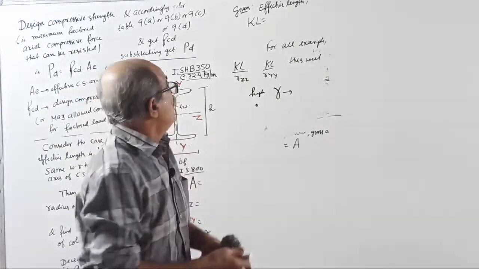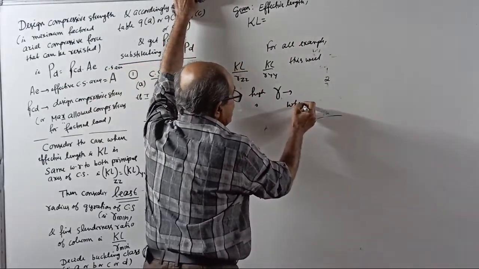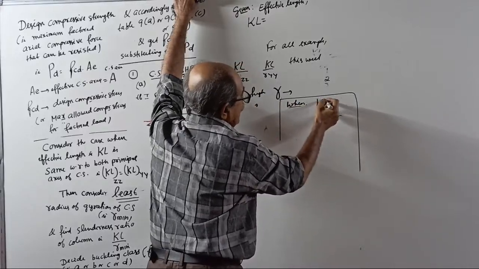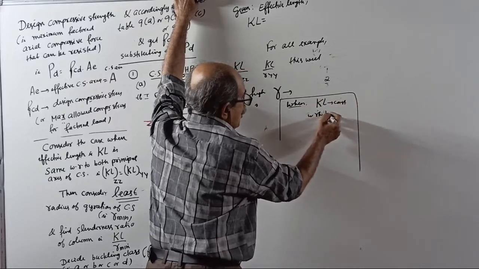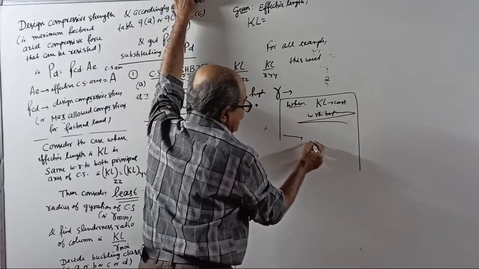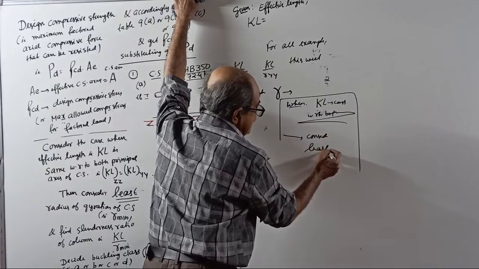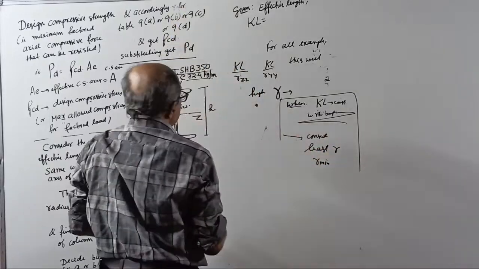So remember, when you make an important note: when the effective length is constant with respect to both principal axes, then for strength calculation, always consider the least R, or R minimum. That you remember.